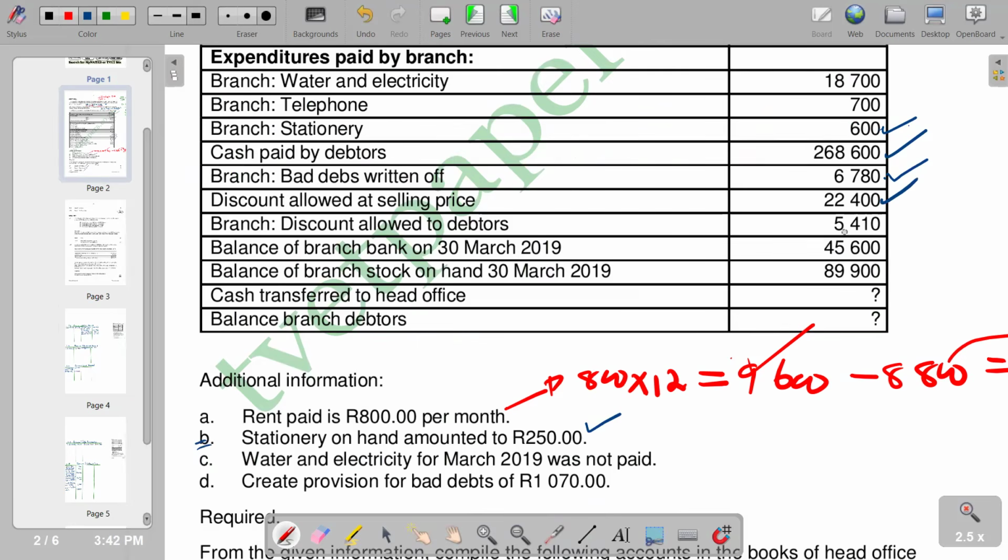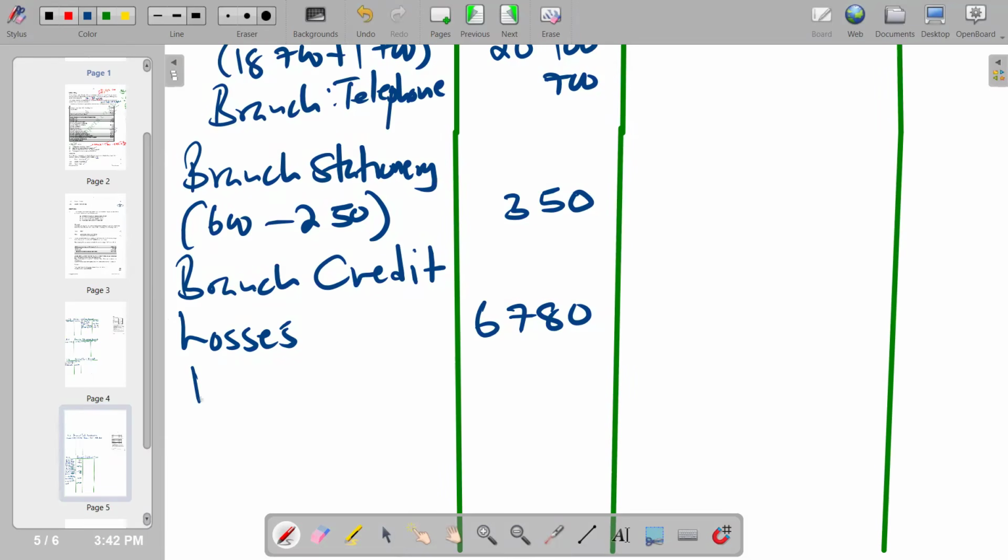We go to branch discount allowed to debtors, 5,410. So obviously, this is supposed to be an expense, and it's part of the debit side of the branch profit and loss as branch settlement discount granted, which is a discount allowed. So we go to the debit side, and we are saying branch settlement discount granted.